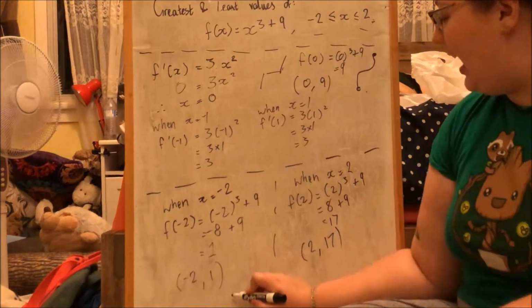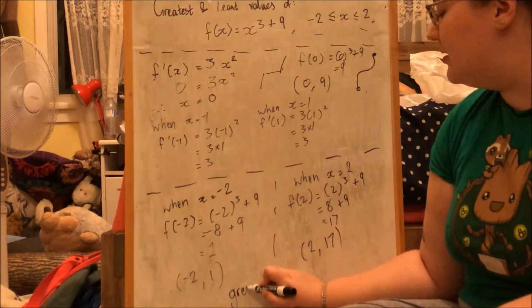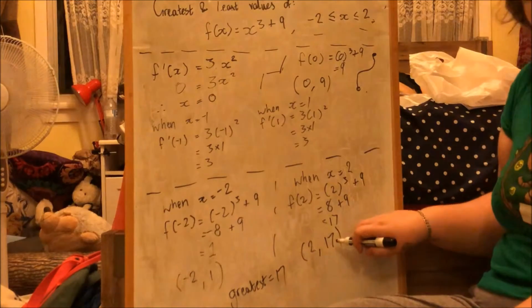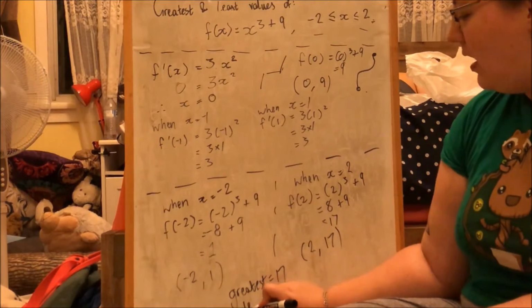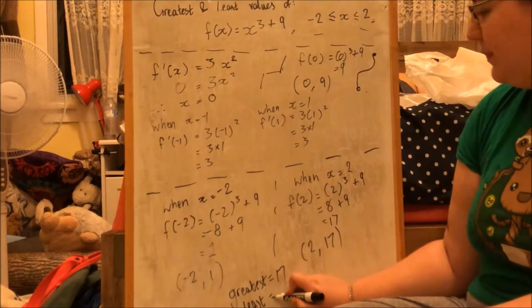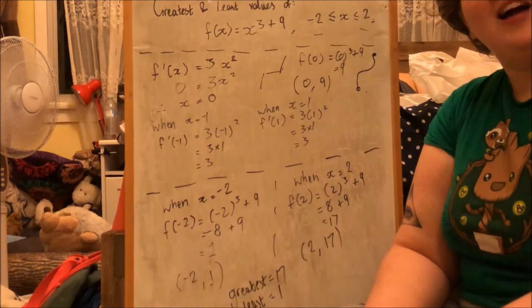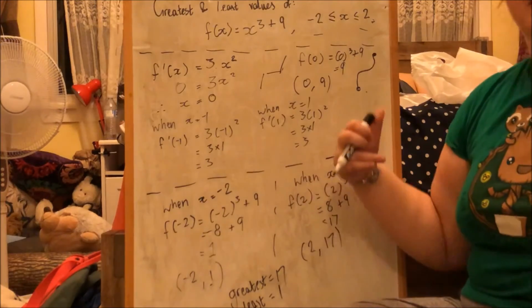So that tells us that our greatest point on this bounded curve is 17, because that's the highest y value we have, and our least point on this bounded curve is 1, because that is the lowest y value that we have. Boom! Done!